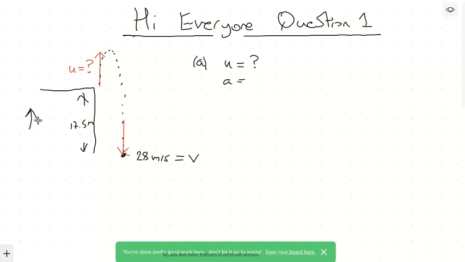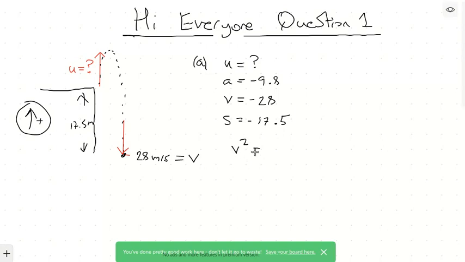Personally, I prefer taking up as positive and just remembering that gravity is always negative, but then you must have V as negative 28 as well. And you've also got S is minus 17.5. I would suspect that most people actually did those all as positive, I would guess. But it's a little bit tricky, that.